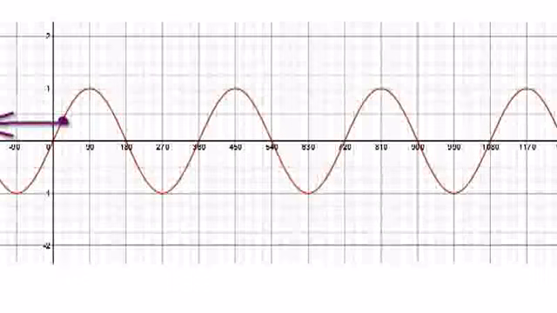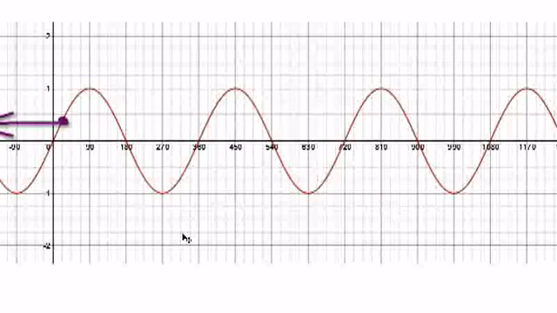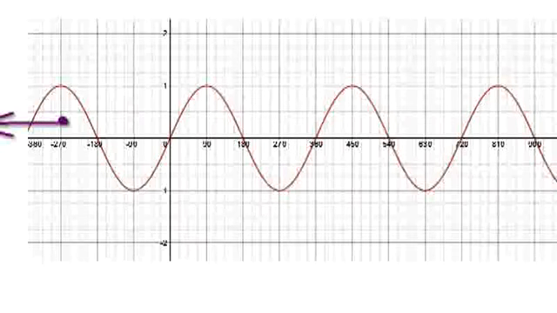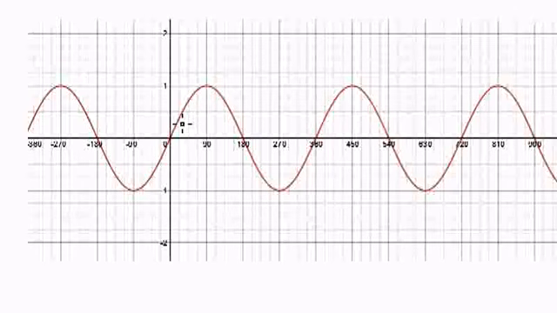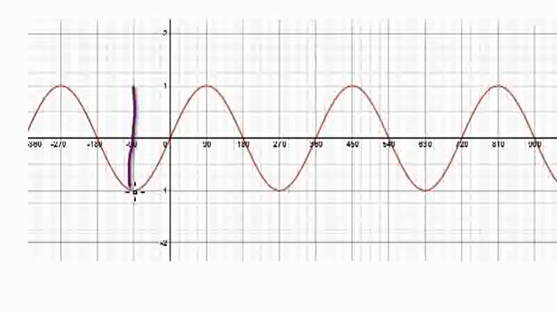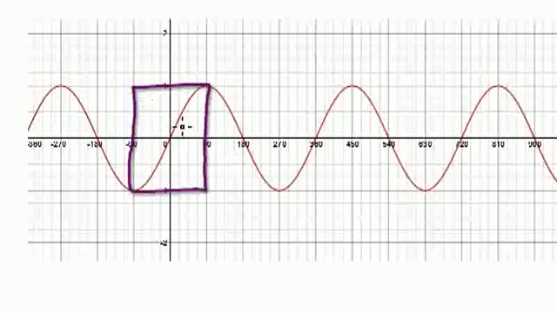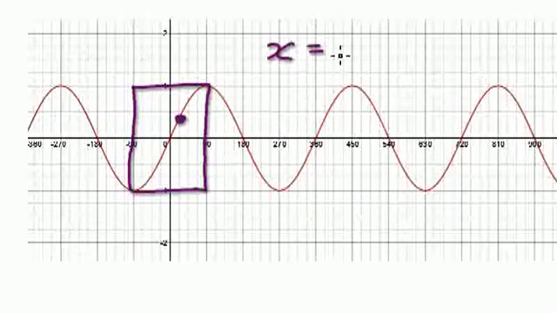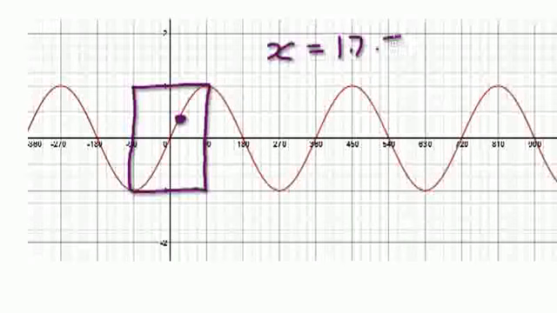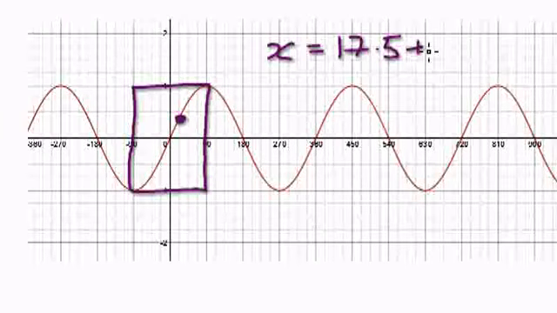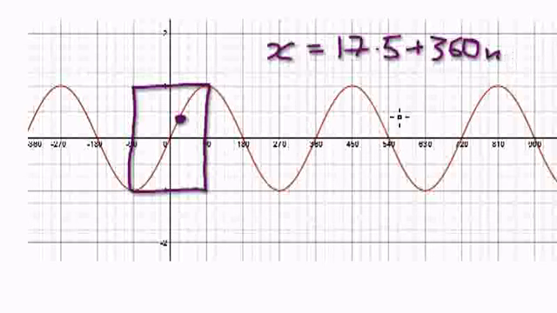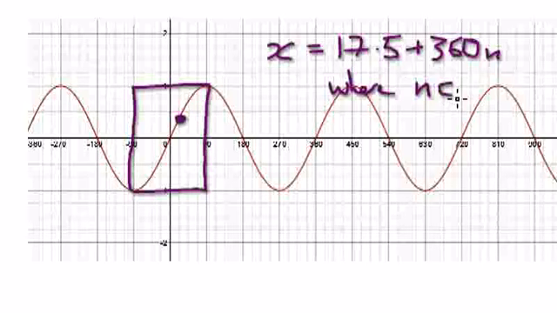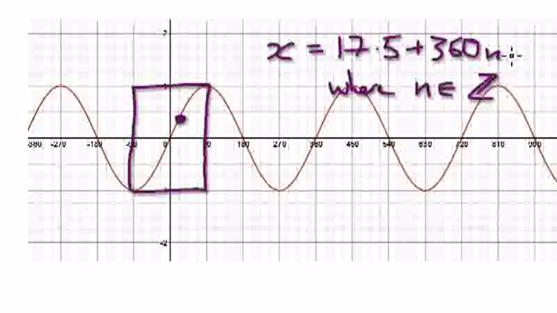Once you've got your principal solution, remember the principal solution is between negative 90 and 90. If you remember, our solution is x equals 17.5 plus 360n, where n belongs to a set of integers.